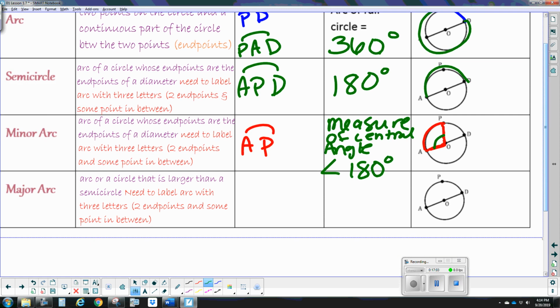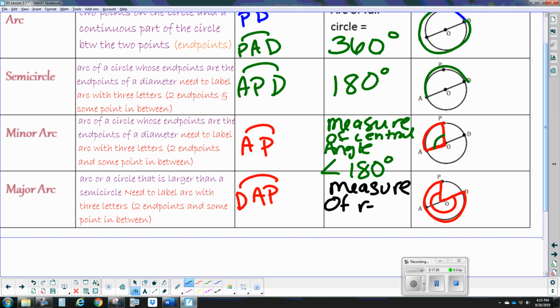And then a major arc, so a major arc might be right here, D to A to P. And there are several examples, I'm just giving one. And the measure of this would be the measure of the reflex angle. Okay, so that's going to be greater than 180 degrees. So it would be from this point all the way to that side.